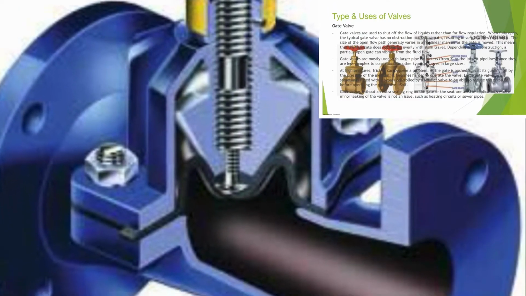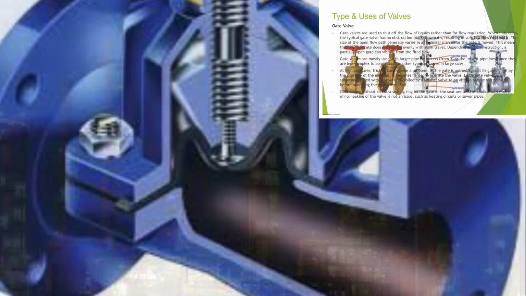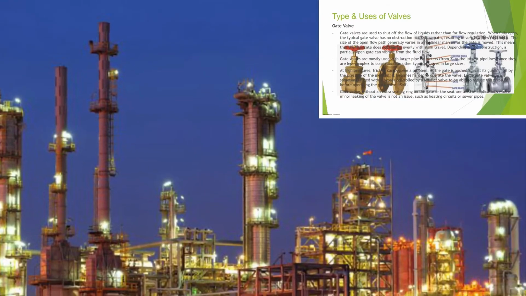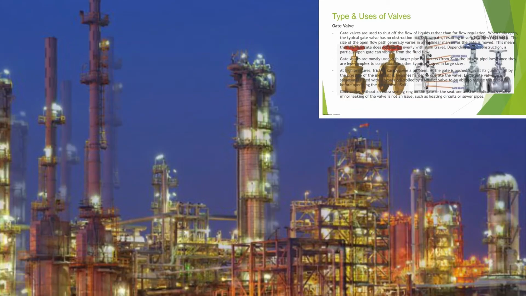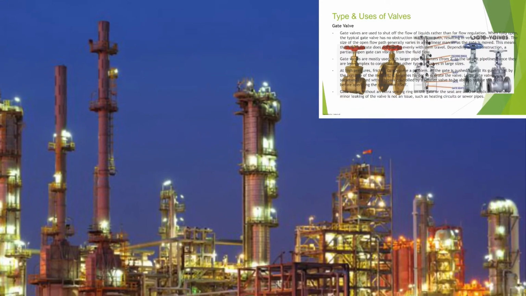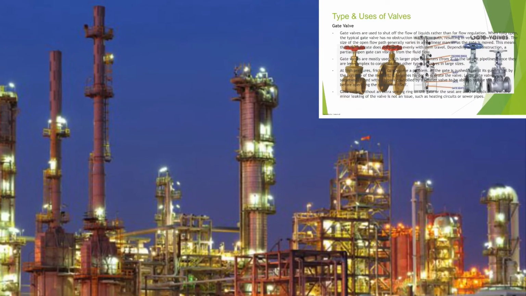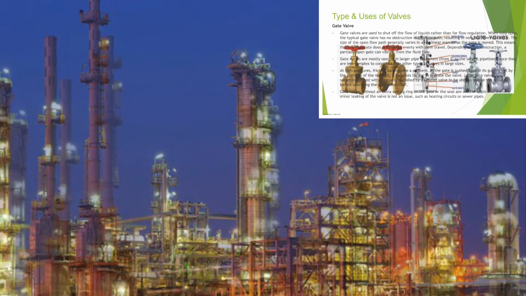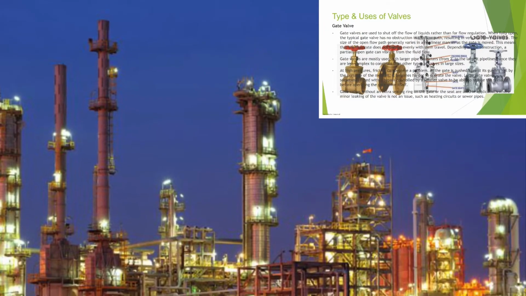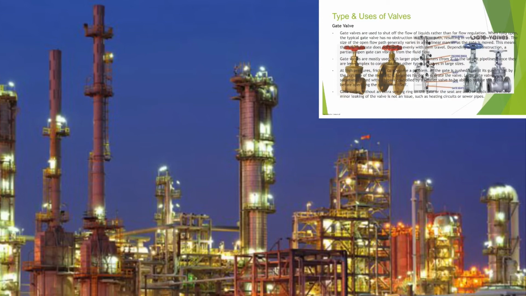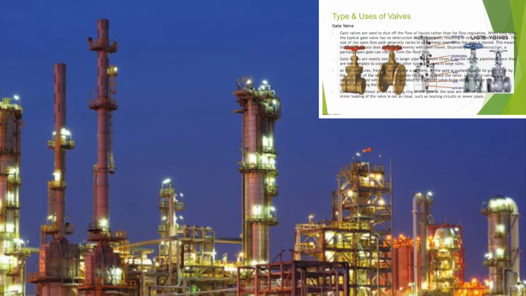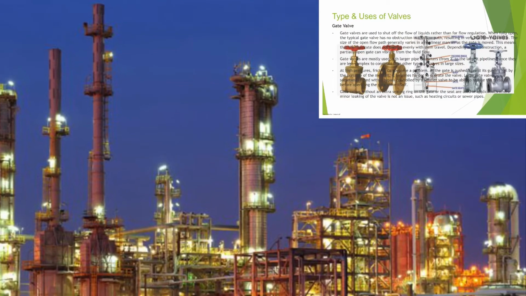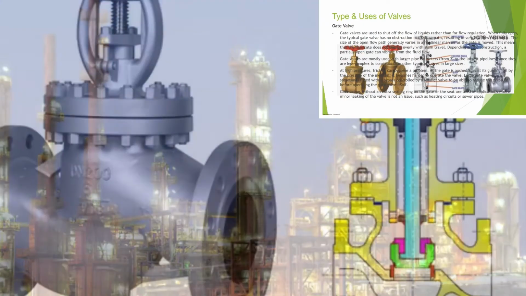Larger gate valves are sometimes fitted with a bypass controlled by a smaller valve to be able to reduce the pressure before operating the gate valve itself. Gate valves without an extra sealing ring on the gate or seat are used in applications where minor leaking of the valve is not an issue, such as heating circuits or sewer pipes.